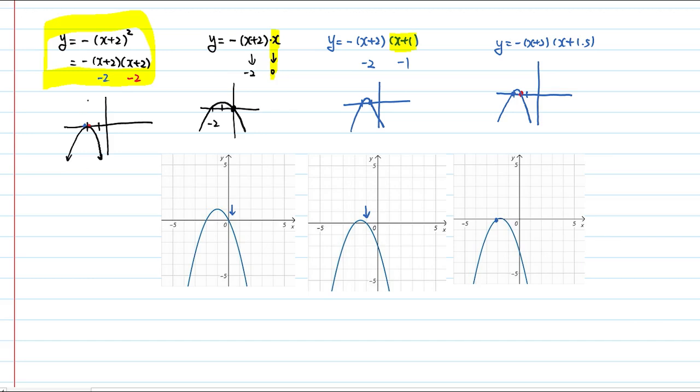So this will be the average of negative 2 and negative 2. So your x-intercept will be negative 2. So this is a pretty cool idea, okay? So usually when I see a question like this, I usually go with intercept form.